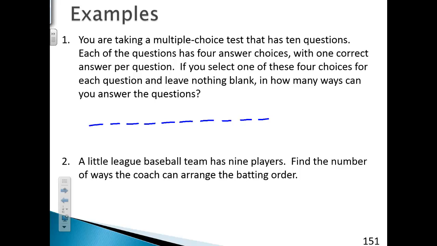For each question, there's 4 choices that you can choose from. Now the fundamental counting rule says that we can multiply all those together to determine how many ways there are to answer the questions. But there's another way to write 4 times 4 times 4 times 4 times 4, 10 times.